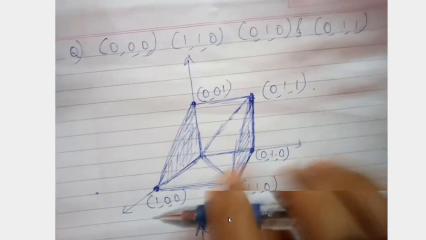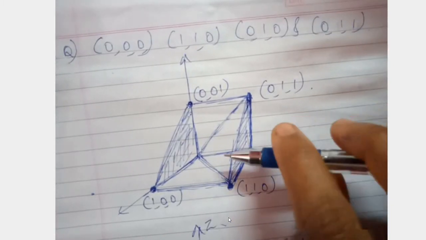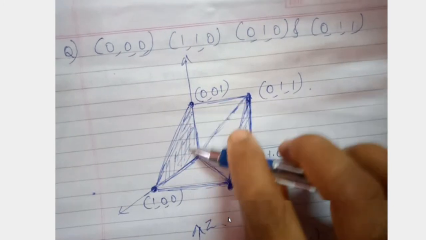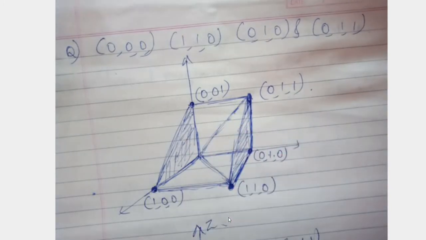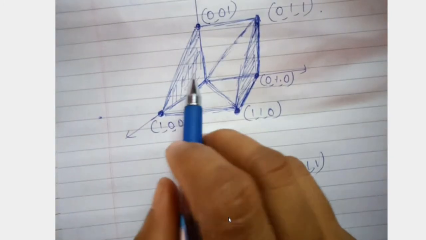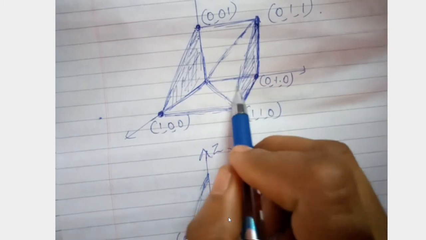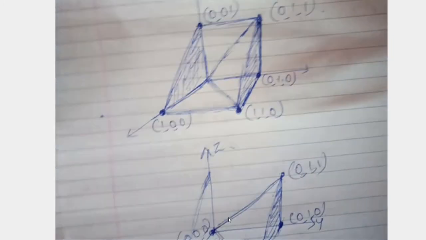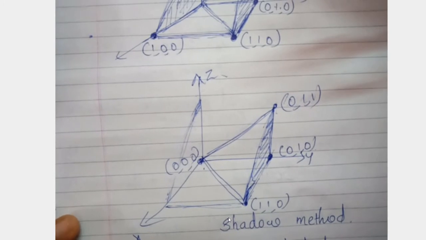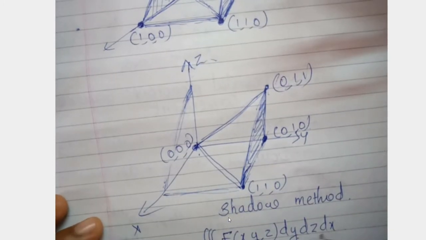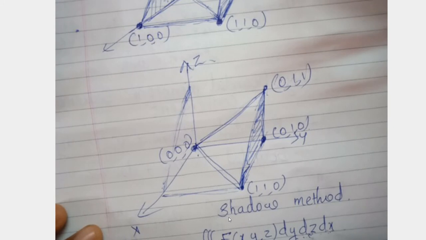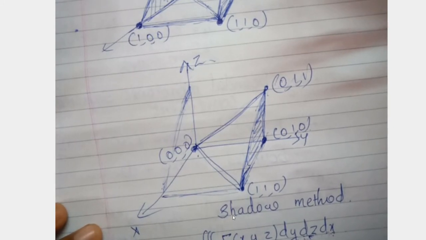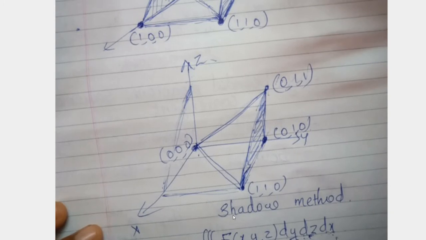This is the shadow corresponding to our region. So the shadow lies in the XZ plane. That's why I am choosing dy dz dx.